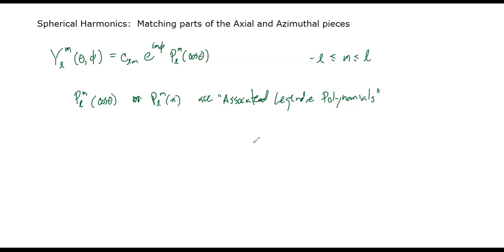And you just have to match them. Okay. So what they have to do with the ones that we already know about is we ignored this piece. So P_L^0 of x are the Legendre polynomials. So these are the ones you already know.